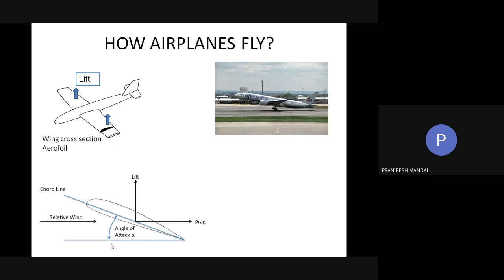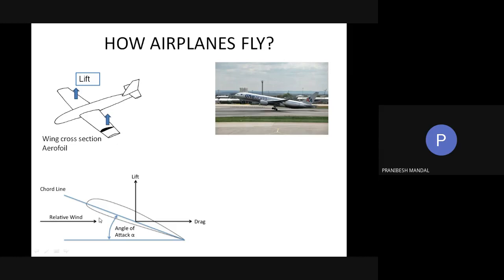Chord line is a straight line joining the leading and the trailing edge, and the angle it makes with the relative wind is called the angle of attack. So actually, this particular object is moving forward only. Though the nose is up, it is not moving along this particular line. It is only moving in the horizontal direction.